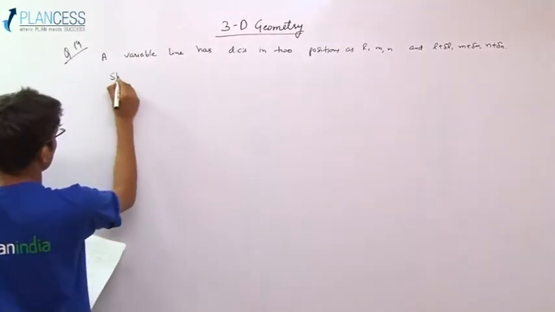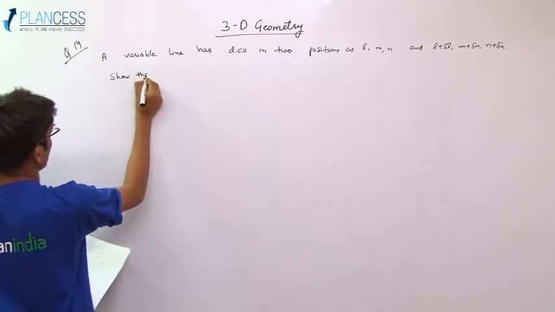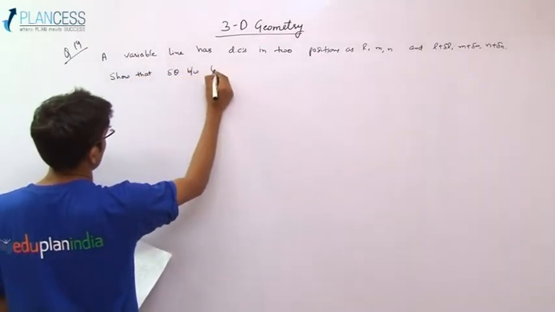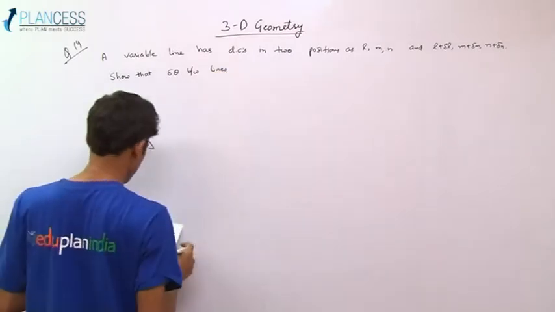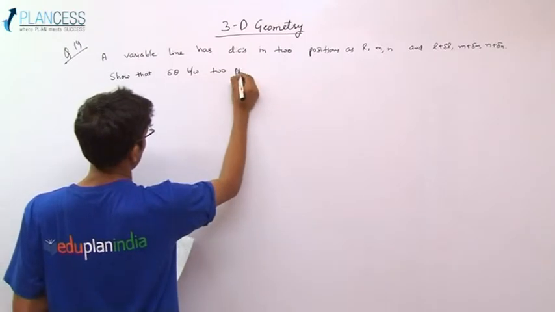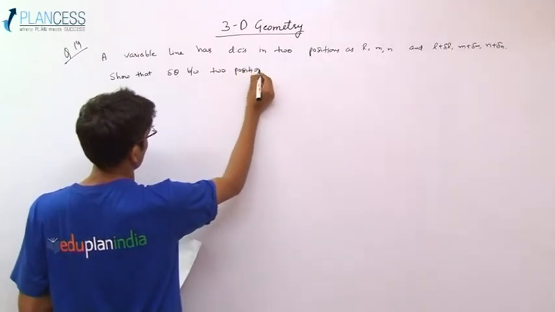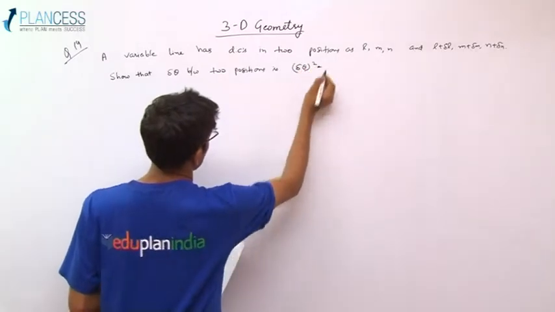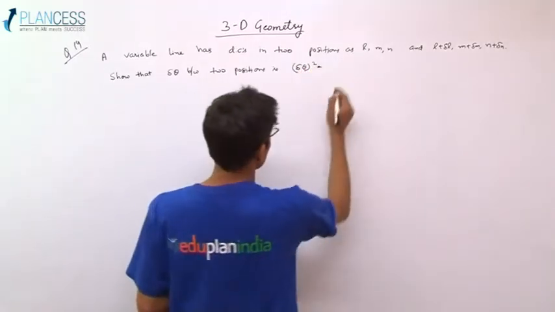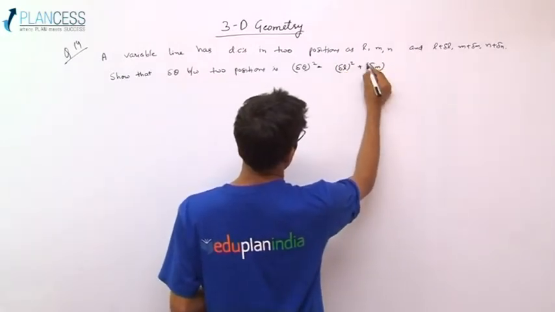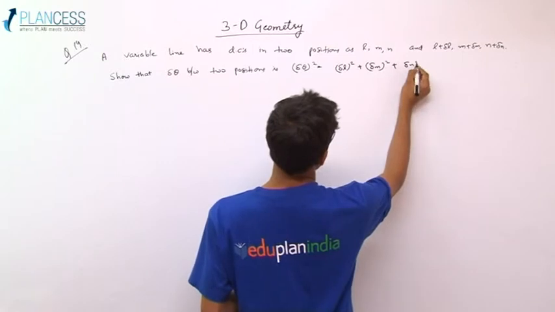Show that delta theta between the two lines, between two positions, is such that delta theta whole squared is delta l squared plus delta m squared plus delta n squared.